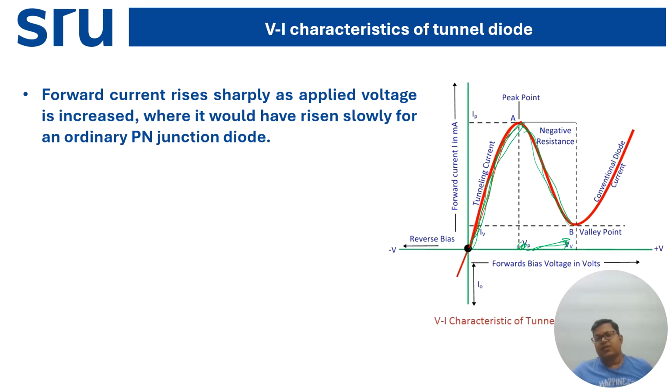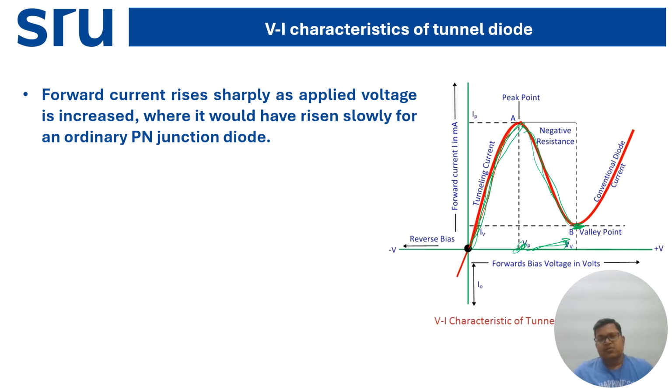Then we would see that actually this decrease is not an absolute decrease, because if you see, we started from here but it decreased up to a certain level, which is called the valley point, right? So up to the valley point, this current is decreasing, and this voltage is called the valley voltage.